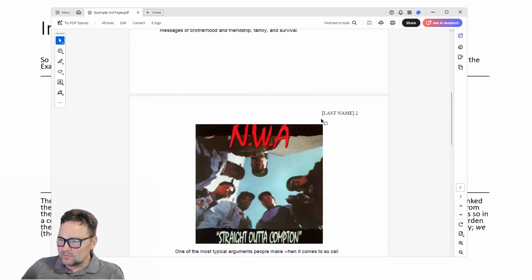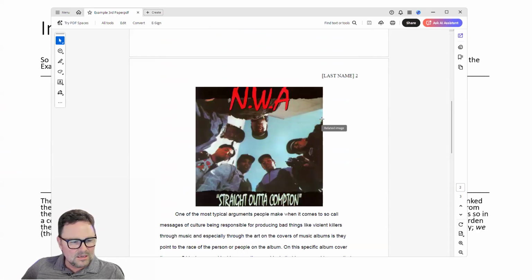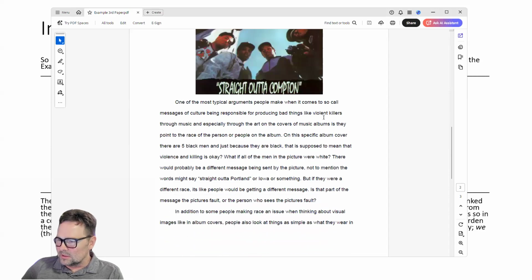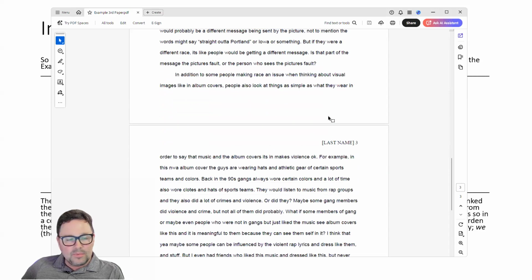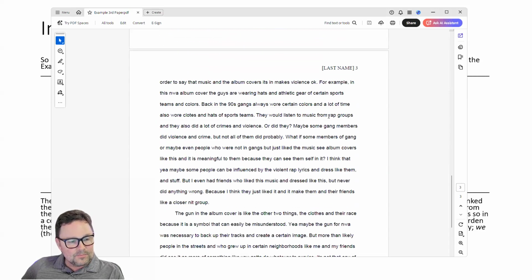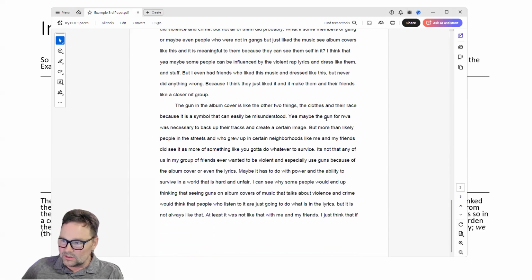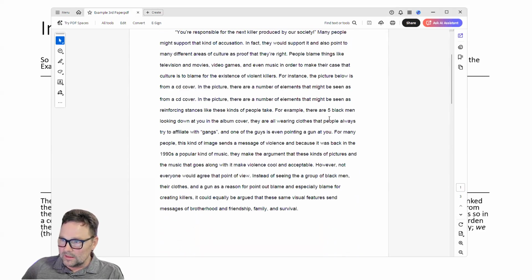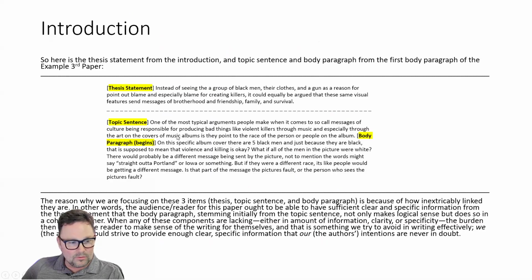It was a brief visual analysis, similar to what we're doing with our third paper, but with some notable differences. But the main thing is the rhetorical analysis of a visual. That's why I thought it would be a useful example for y'all, and that is what we're going to be talking about with this PowerPoint today.